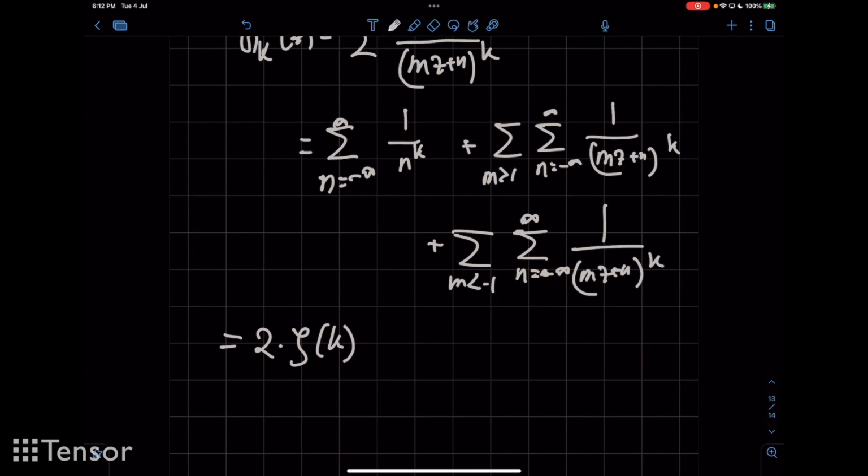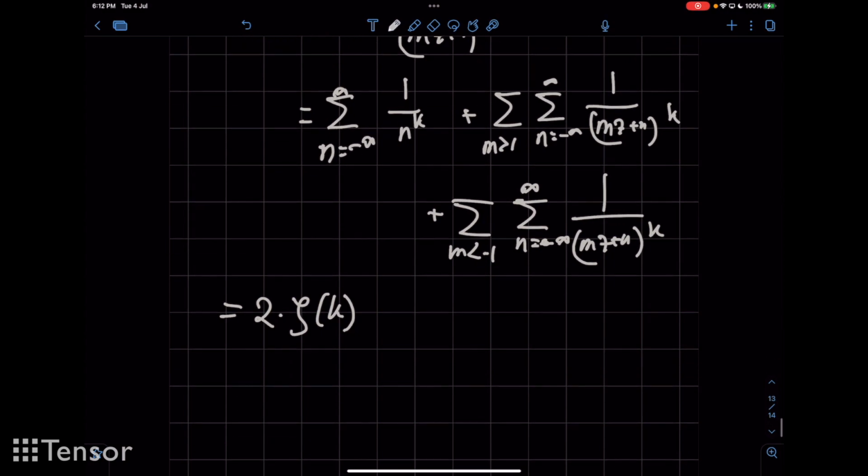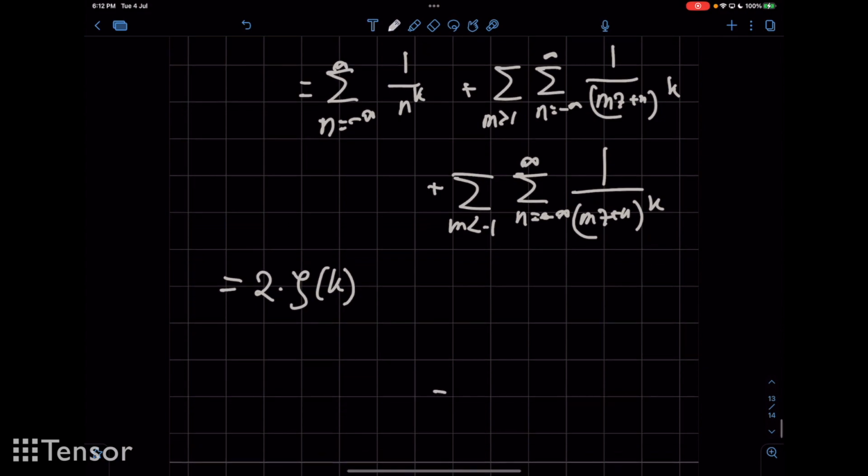So why is that? Because, let's say we take m equals -1 and n equals some other value here. This is in the second sum, right? So this term is exactly the same as 1 over (z minus n) to the k, because k is an even number.